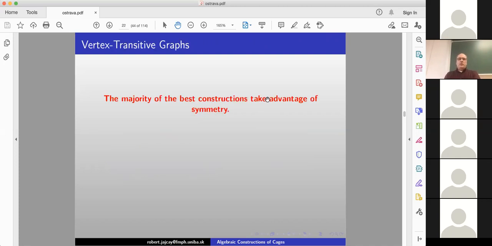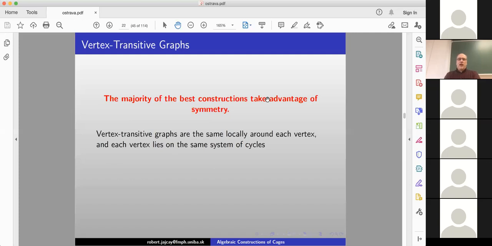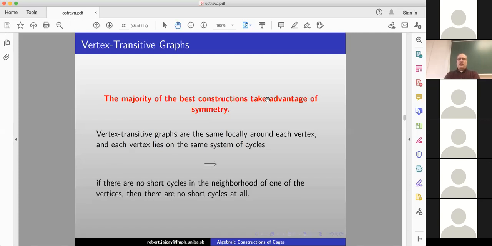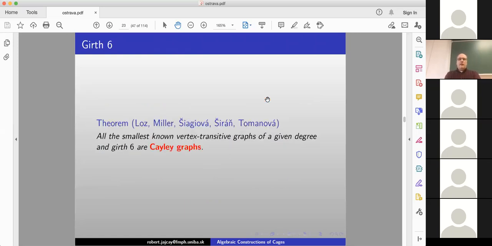Okay, so the majority of the best constructions take advantage of symmetry, and I already argued this. Let's look for symmetric graphs for given degree and girth. Okay, for girth 6, I'm still arguing for my main reason for this.